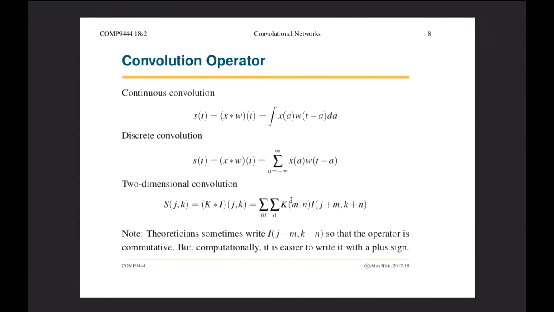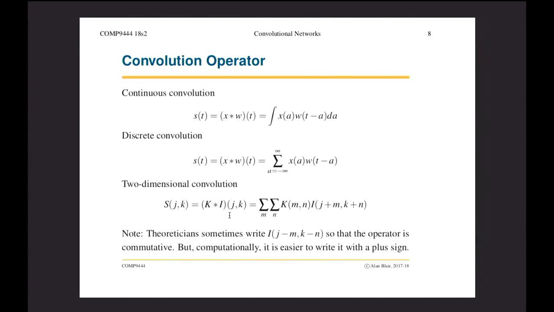But notice the minus sign. In mathematics, we usually have a minus sign here, and the minus sign is mathematically nice because it makes the operator commutative. x convolved with w would be the same as w convolved with x.